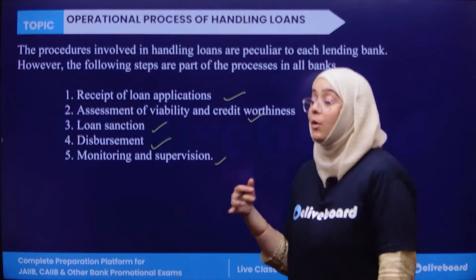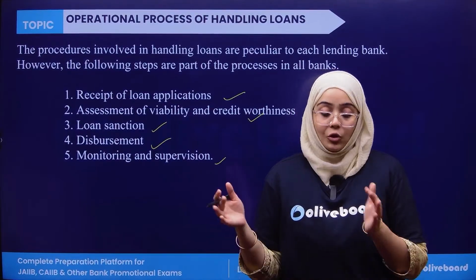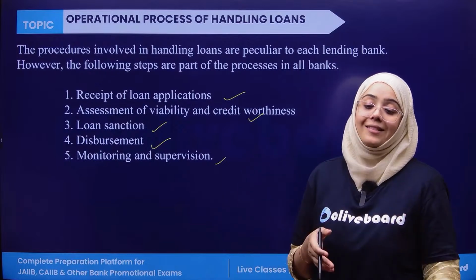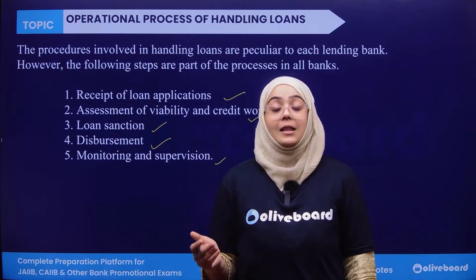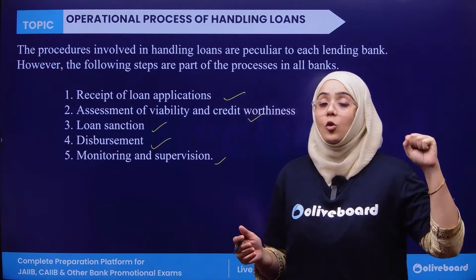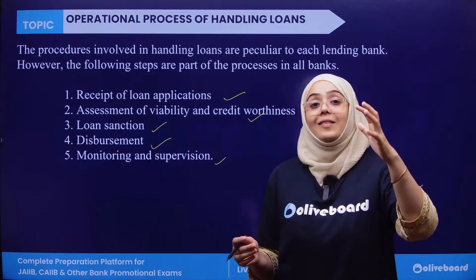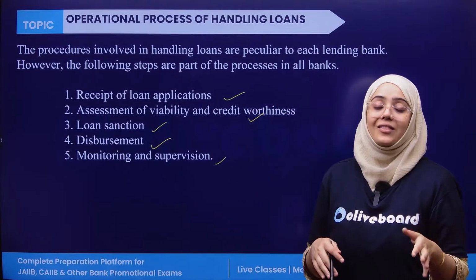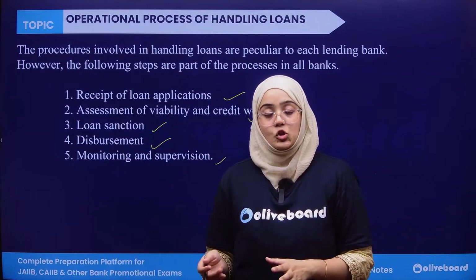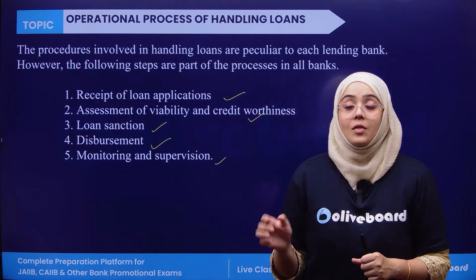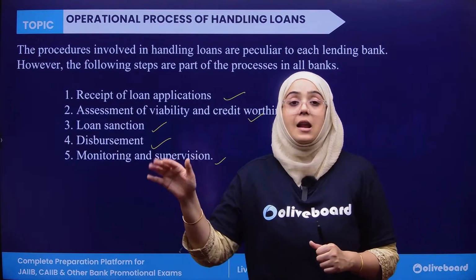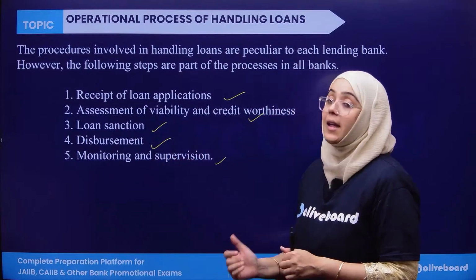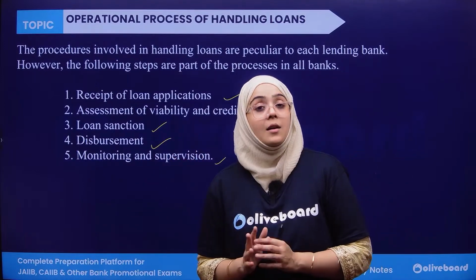And fifth, they monitor and supervise the loan. So these are the steps involved. First of all, there is a loan request. Then there is the assessment of the credit worthiness of the customer. Third, the loan can be sanctioned. If the loan is sanctioned, then there is a disbursement, and lastly, there is monitoring and supervision of the same.